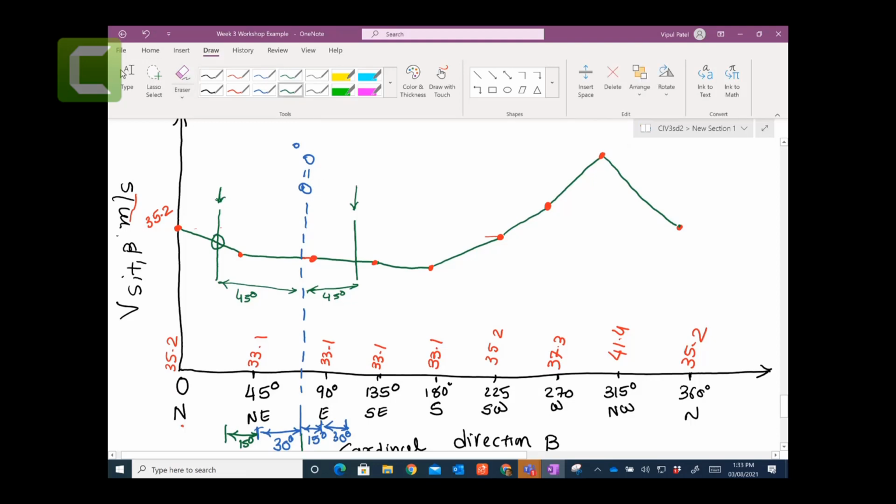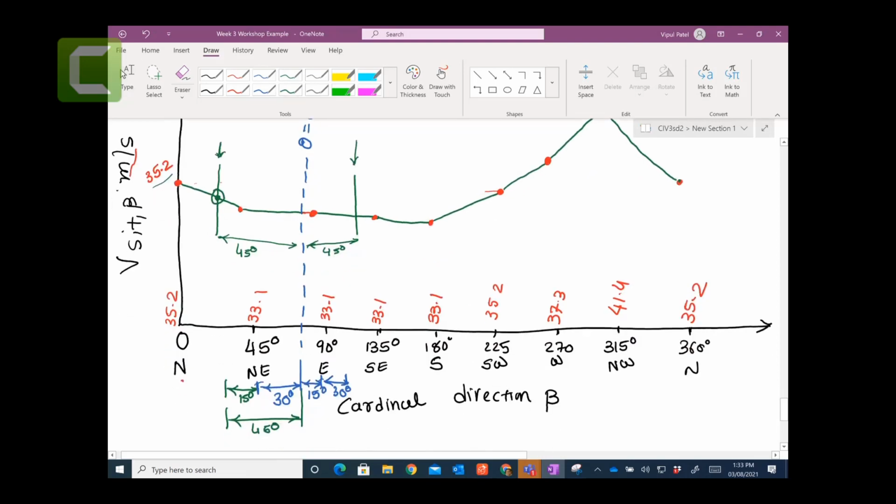So I need to do the interpolation here because I don't know this value, right? I know this 35.2 here and 33.1 here, but I need to calculate these values. So we need to do the interpolation. Stay with me.